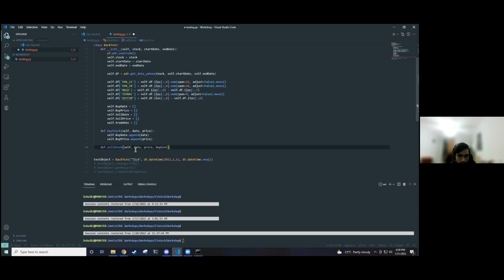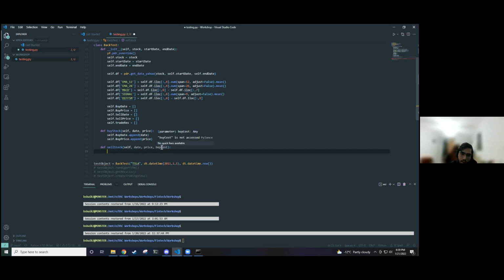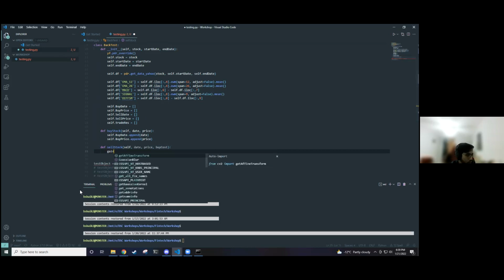So buy cost. And the reason you need buy cost is you want to determine what profit or loss you have, so you can store that in trade result, because whenever you're selling stock, you're finishing a trade, so you're going to store the trade result there. And for that, you're going to create a variable called gain, and that essentially is going to be 100 times price minus buy cost.